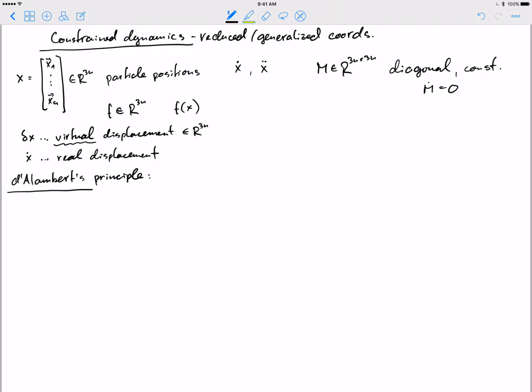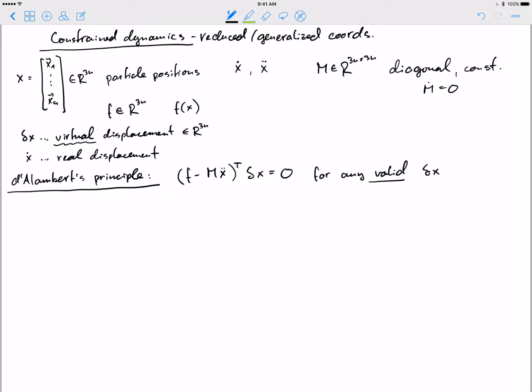So, D'Alembert's principle. It says just this: that (f minus m x double dot) dot product with the virtual displacements delta x equals 0, for any valid virtual displacement delta x. Okay. So this word valid doesn't make sense yet, because I haven't started talking about constraints. So right now, without any constraints, actually any delta x is valid.